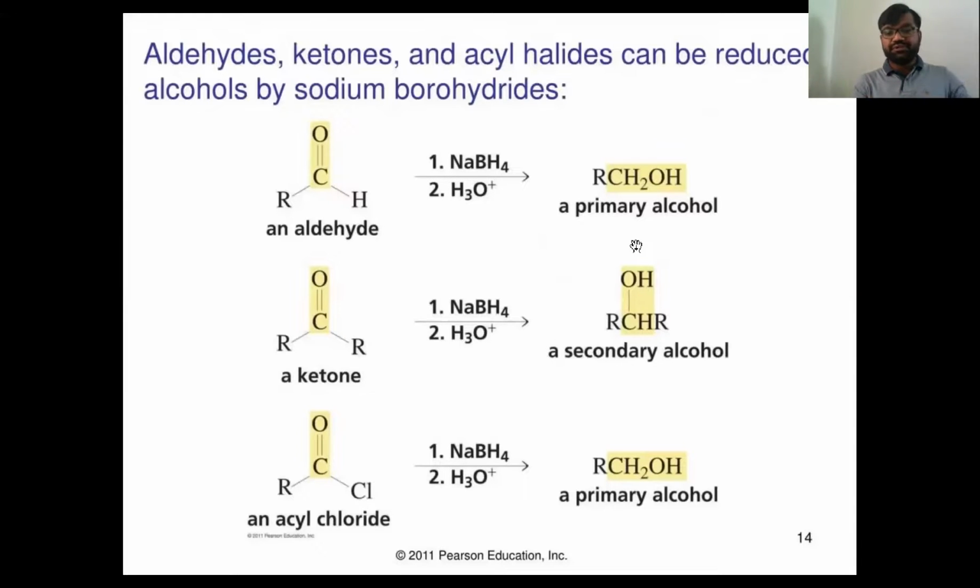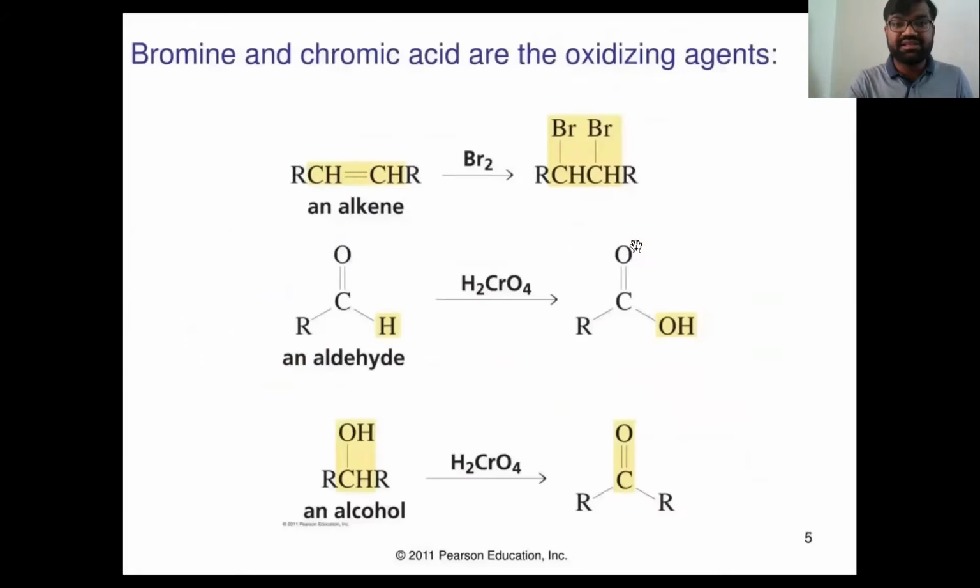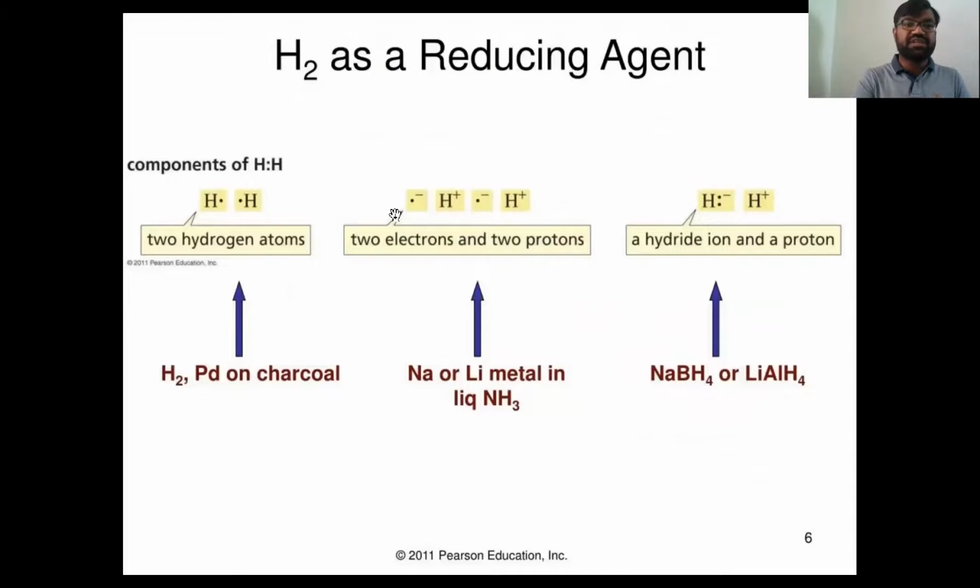Now we are referring to the third type of mechanism, that is, we have seen how hydrogen gas is added, dissolving metal ammonia reduction. Now we will see the hydride ion and its addition. Third type of reaction where H2 can be used as a reducing agent.